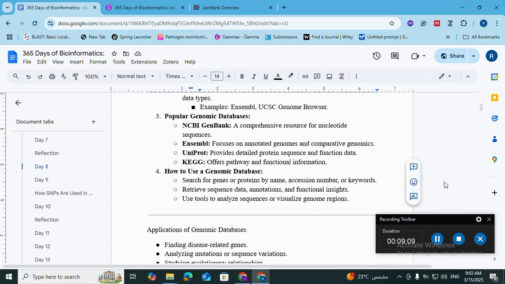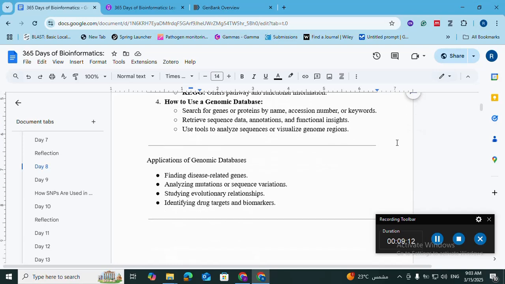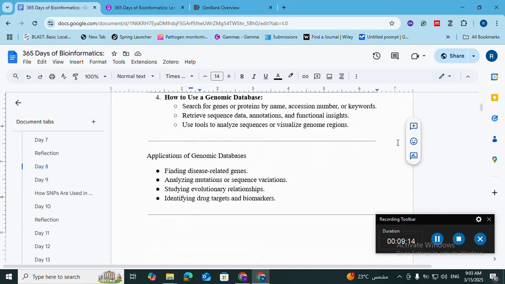Applications of genomic databases. How can I use this genomic database? Number one, you can find disease-related genes. I want the genes related to diabetes. You can analyze mutations or sequence variation. You can study evolution.